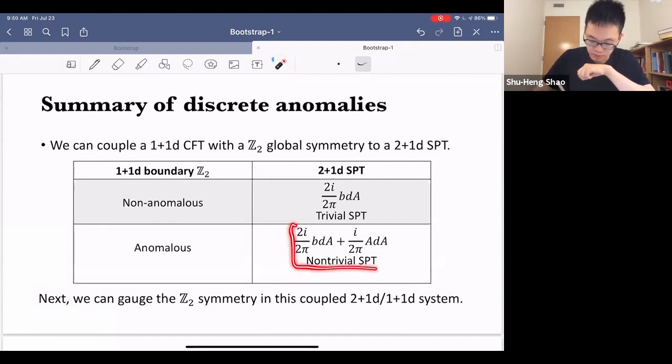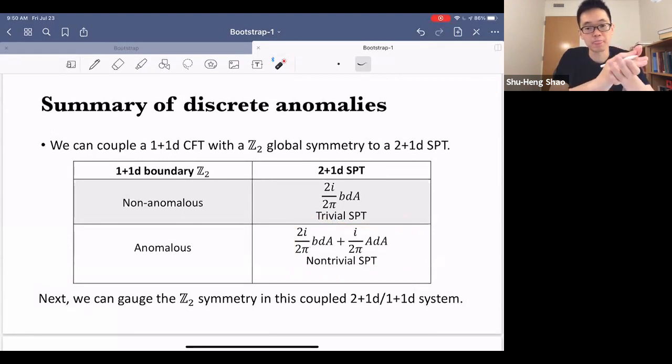If you have a non-trivial SPT, what that means is that the boundary cannot be trivially gapped. It has to have some degrees of freedom. Either it breaks the symmetry or there's some gapless mode. But it does not necessarily imply the boundary has to be some CFT. For example, the symmetry might be broken.